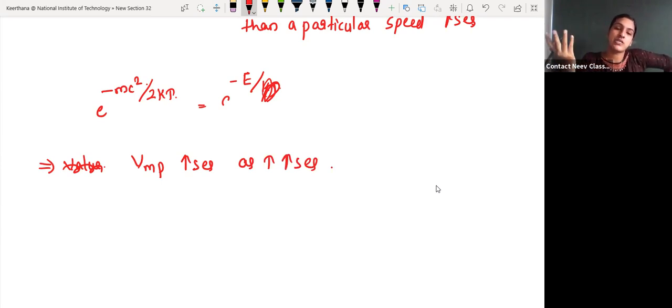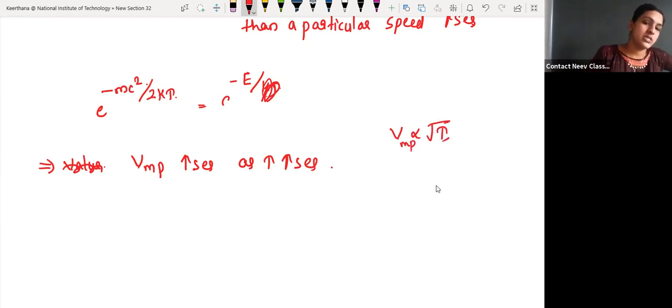We know that as temperature increases, velocity and average kinetic energy will increase. And you can explain that VMP is directly proportional to root T. As temperature increases, VMP should increase.